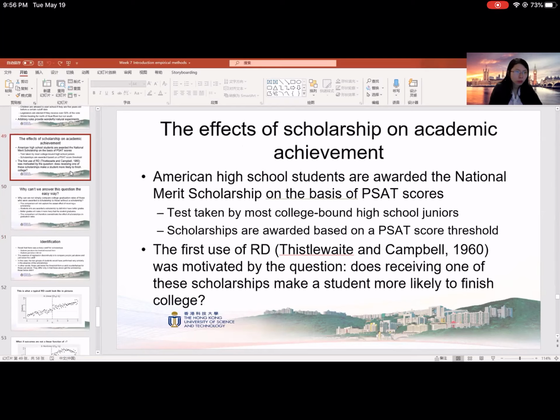Regression discontinuity is used a lot in the education setting because admissions and scholarship awards are often based on scores, and there has to be a cutoff for some people to receive it and some not. So all you need to do is compare people very close to the cutoff. If people who differ by 1 point in the college entrance exam end up having very different wages several years later, the only thing you could attribute this wage gap to is the fact that, by a little bit of good luck, some of them got a college education.